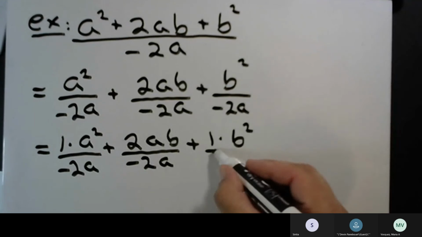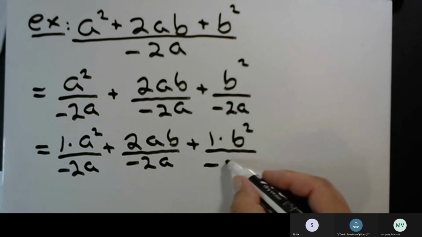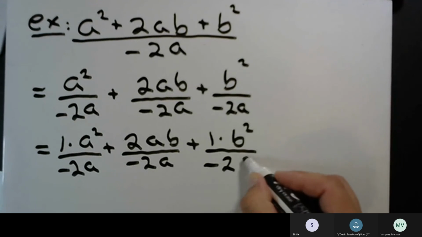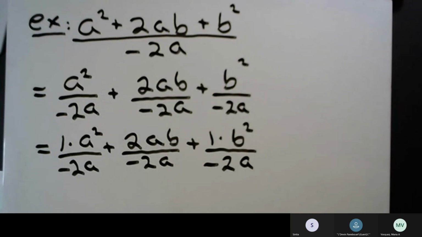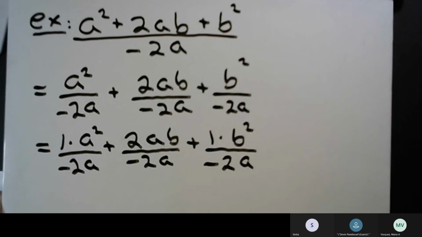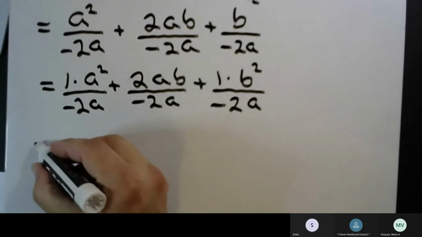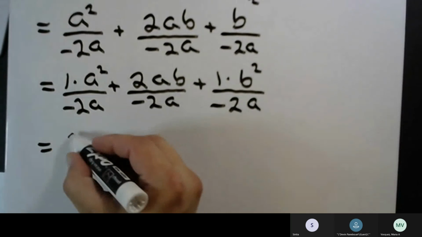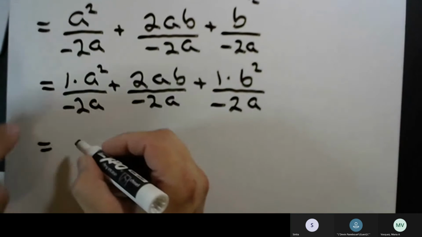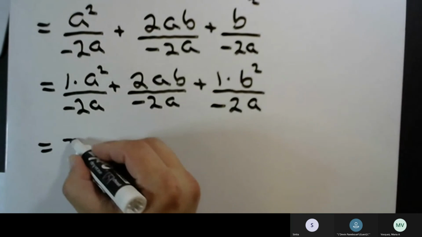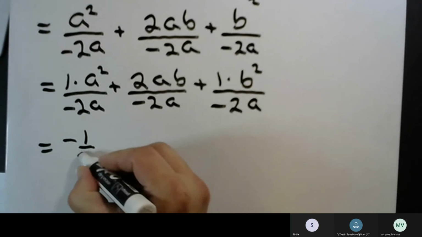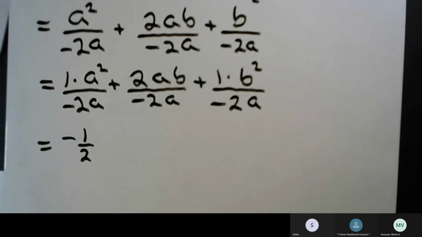We'll do the same thing with b squared. So what this means is that positive 1 divided by negative 2, positive divided by negative, just get a negative 1/2.